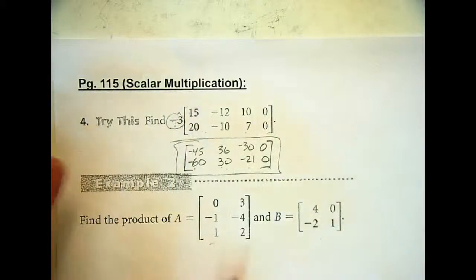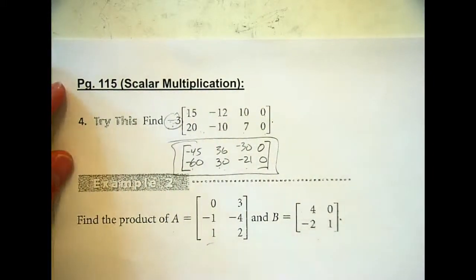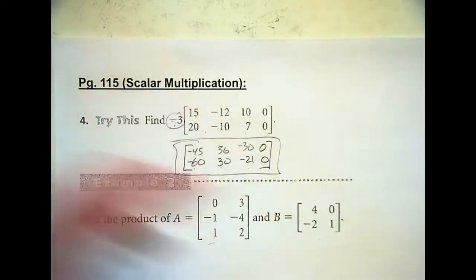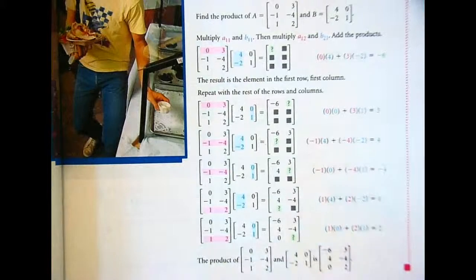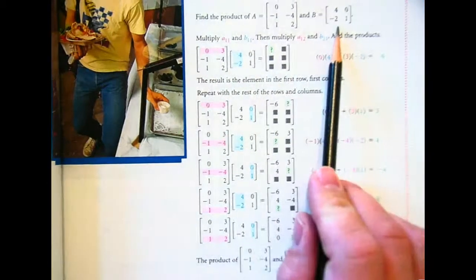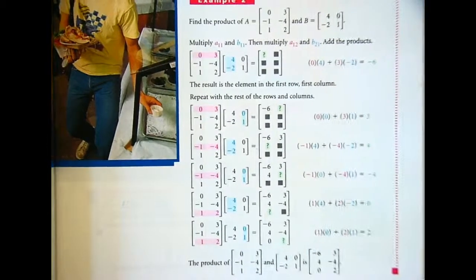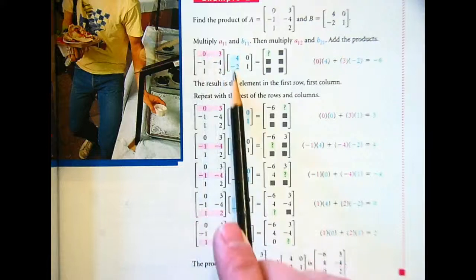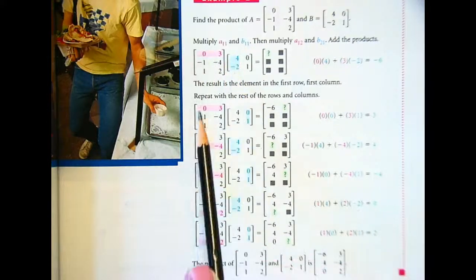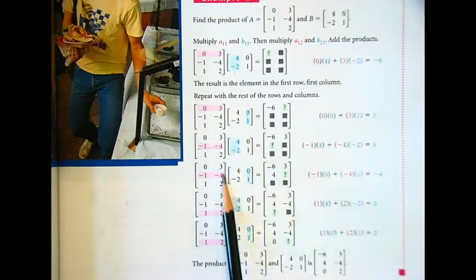When I say let's multiply these two things together, it's more difficult. The book does a pretty good job at showing that on page 115, the best you can in a book that doesn't talk to you other than showing you an explanation. They're saying if I'm going to multiply A by B, I first need to make sure that everything's lined up, and then I'm multiplying this row by that column, and then this row by the other column, and then the second row by the first column, second row by the second column, third row by the first column, third row by the second column.